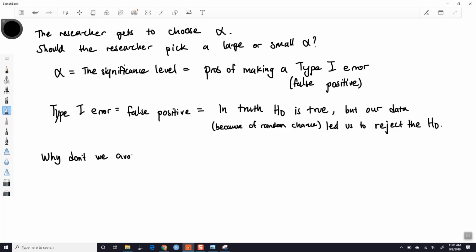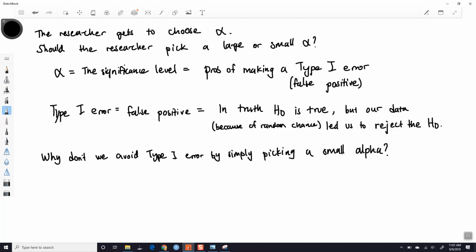So why don't we avoid type 1 error by simply picking a small alpha? Because you could do that. That will work.